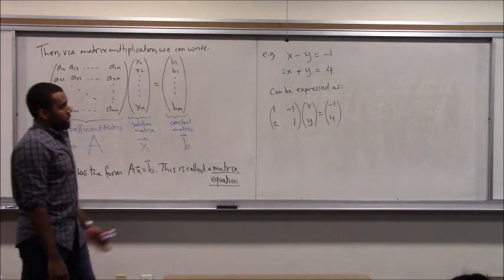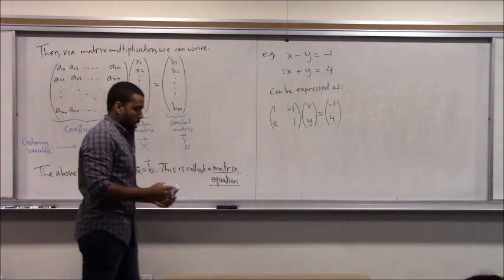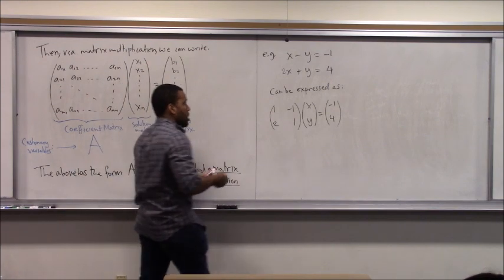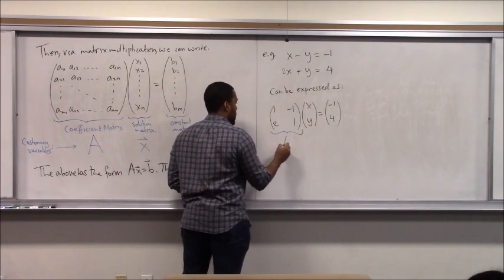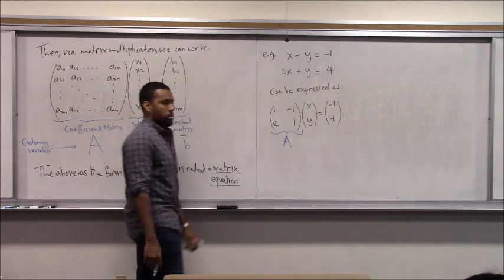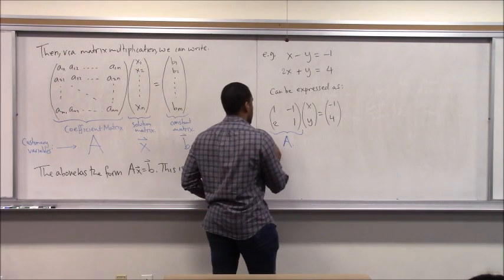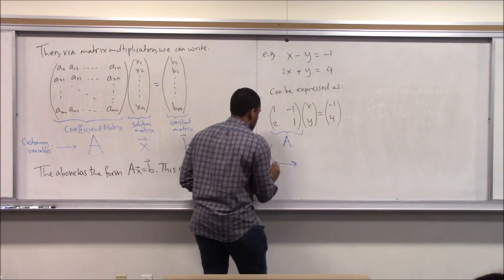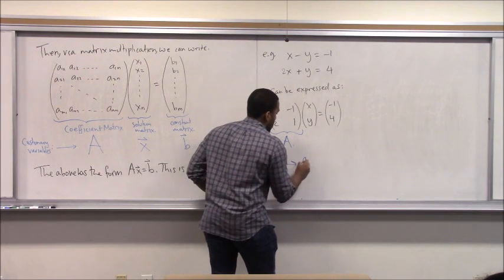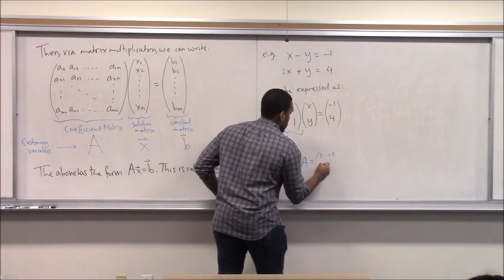I can actually represent this system of equations by that. And then I can say, oh, this matrix I will call A. That is my coefficient matrix. So from this I can extract A equals 1 minus 1, 2, 1.